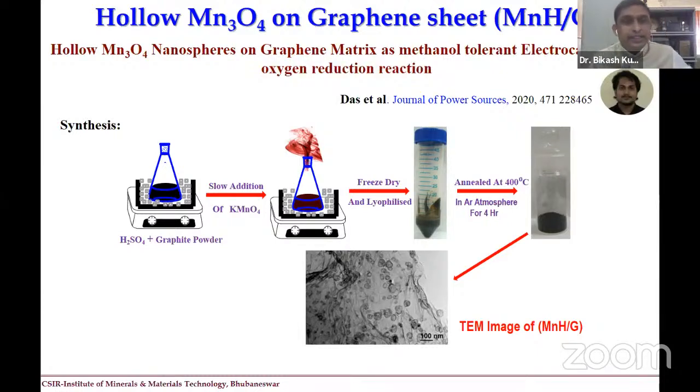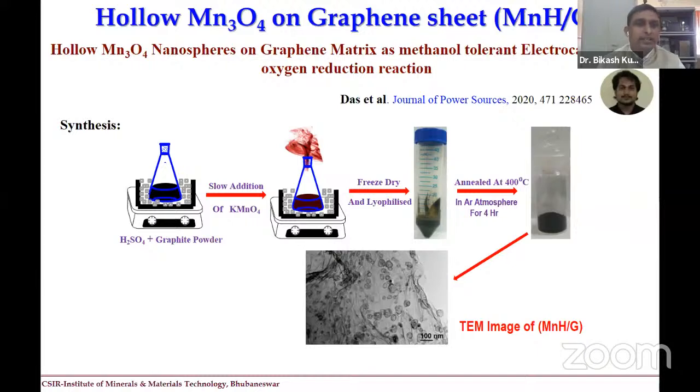The step we followed is interesting to discuss. When we developed graphene oxide, during the synthesis we used potassium permanganate as an oxidizing reagent. Normally after synthesis, we wash it out so that we can get pure graphene oxide.